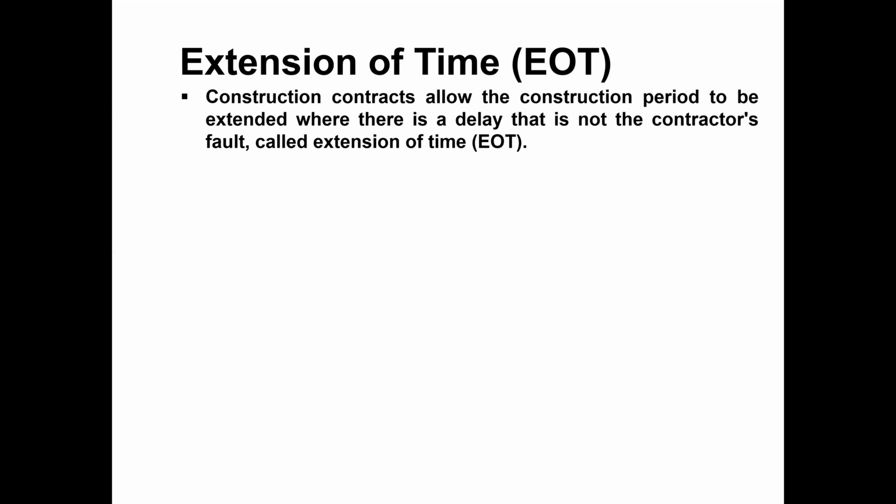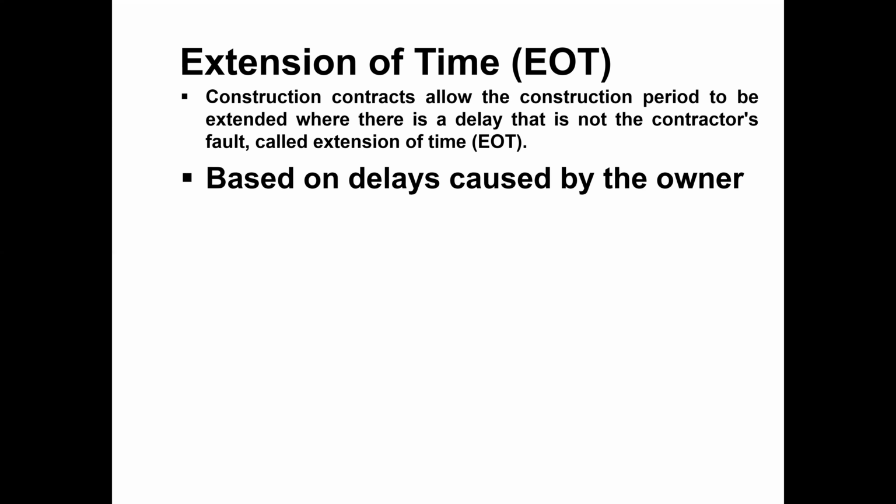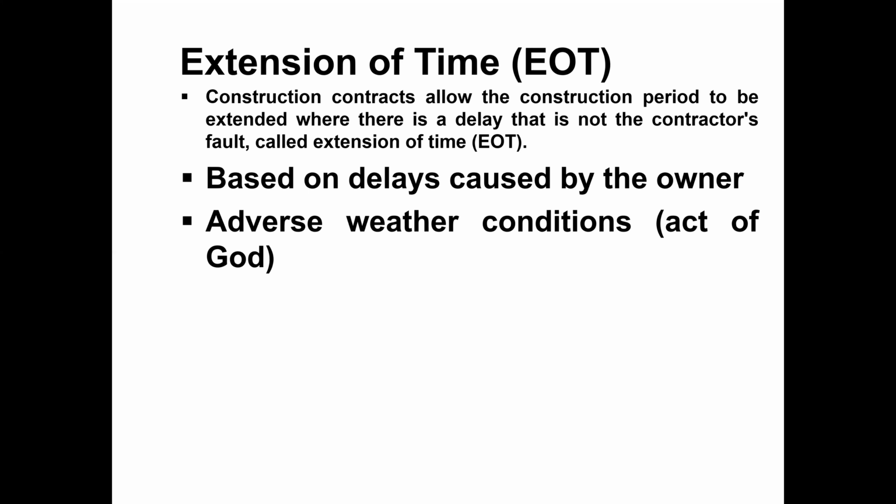If the contractor is not at fault, and the delay occurred because there was something wrong from the owner side or from the consultant side, then the owner can give extension of time to the contractor, based on a delay caused by the owner, his representative, or his consultant.